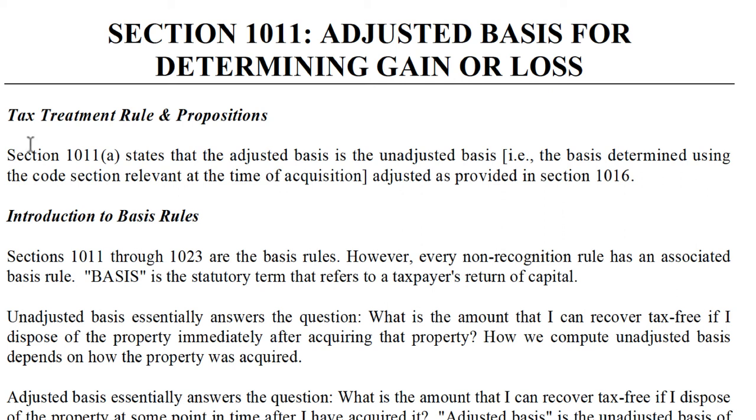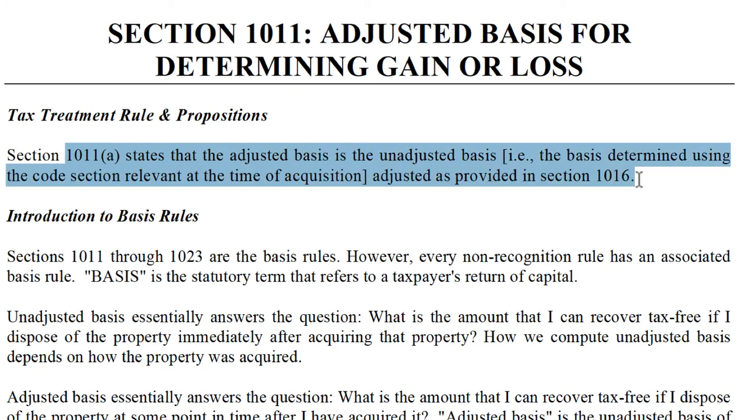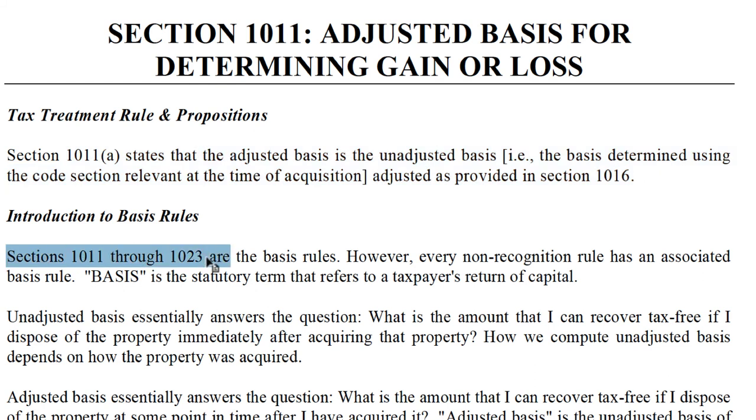So Section 1011(a) states that adjusted basis is determined throughout the Internal Revenue Code and adjusted under Section 1016. So there's various basis rules, and you might recall some of those rules from your federal income tax class, like what is the basis rule for gifts, or what happens when somebody dies and you inherit property, or what about if you receive property subject to a divorce proceeding.